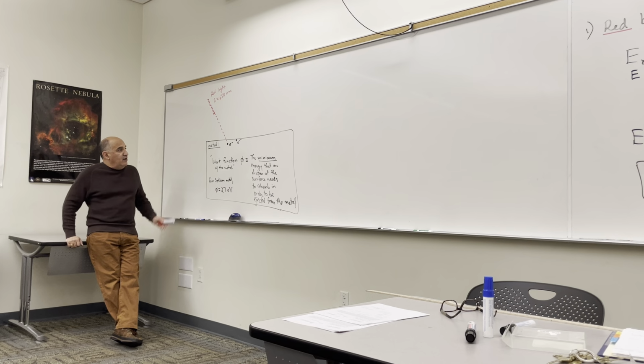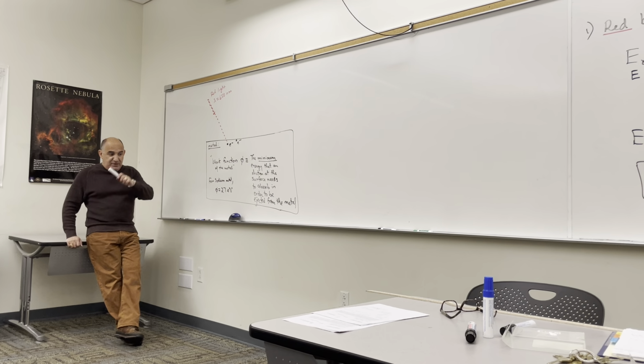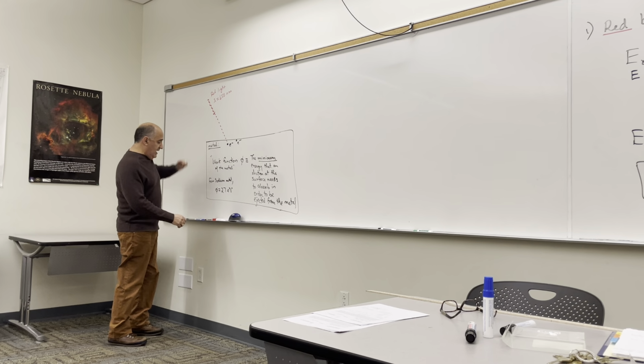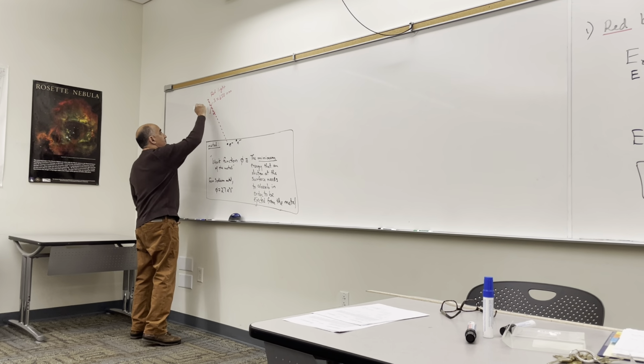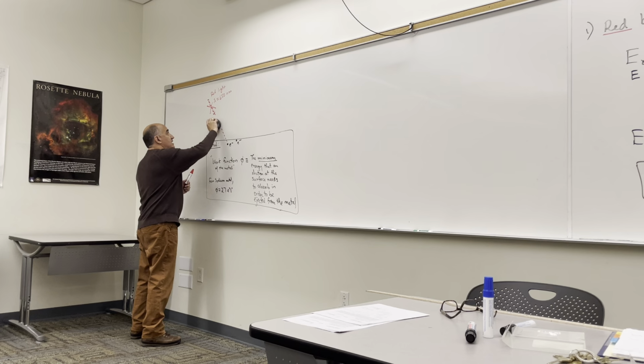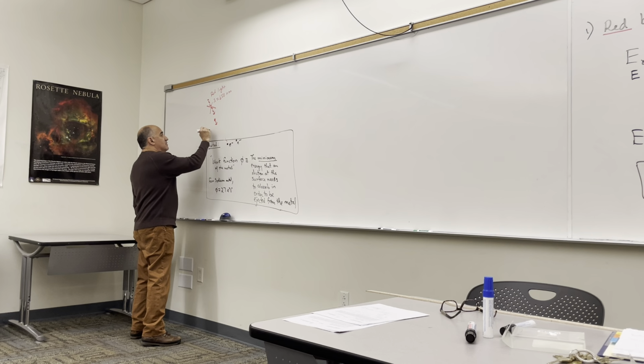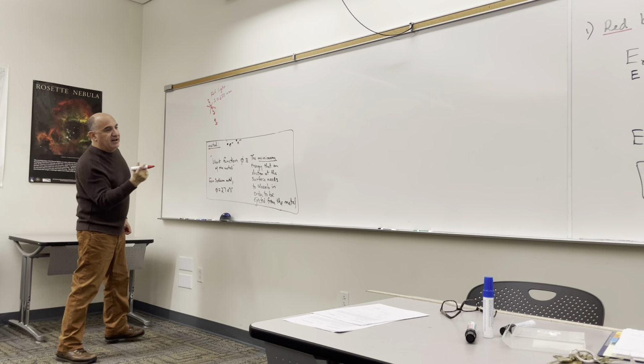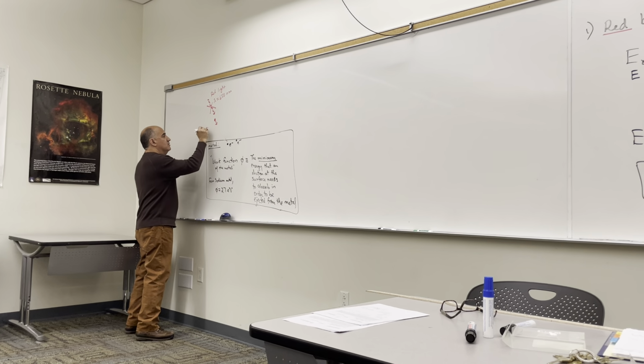So Einstein said, no wonder you're not getting electrons out at that low frequency. Because if you think of this light not as a wave, but instead as a stream of photons, you have a photon here with energy 1.9 electron volts.